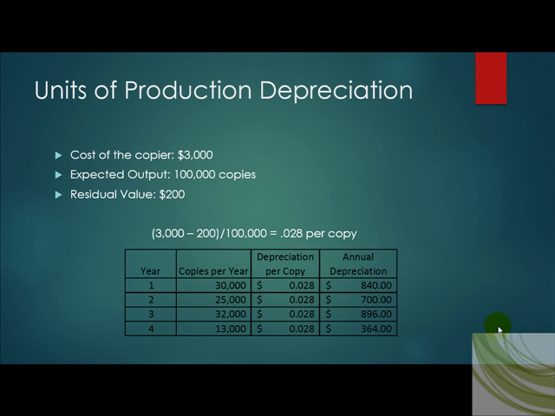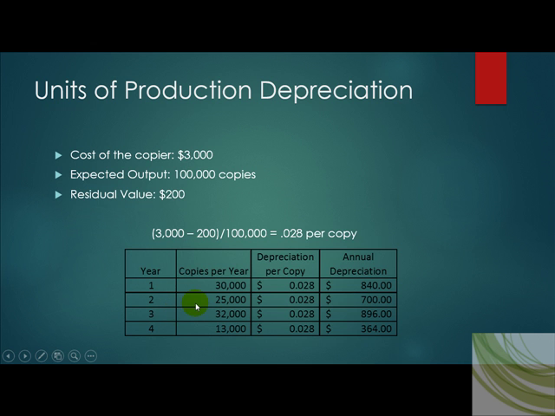The expected output is 100,000 copies, and the residual value is $200. To determine how much we will depreciate per copy, we will take the cost minus the residual value and divide by 100,000. This equals 0.028 per copy. So in year one, we produced 30,000 copies for a total annual depreciation of $840.